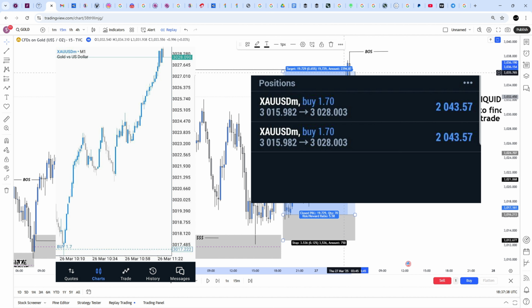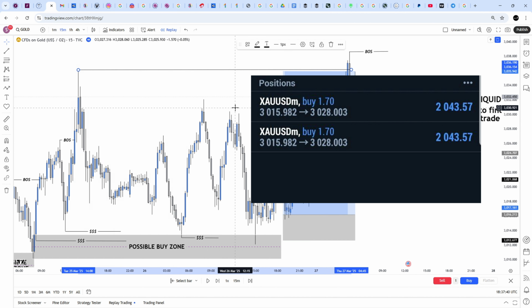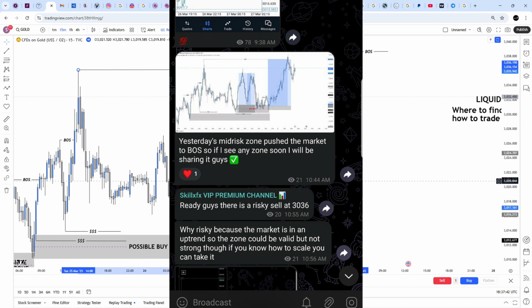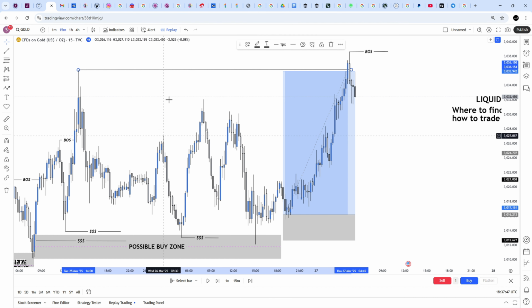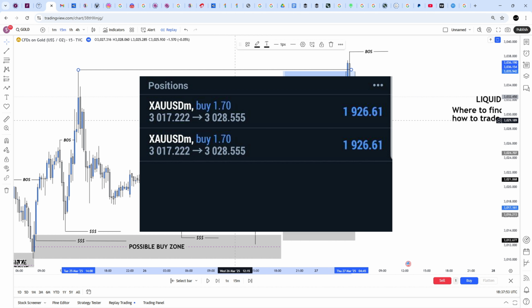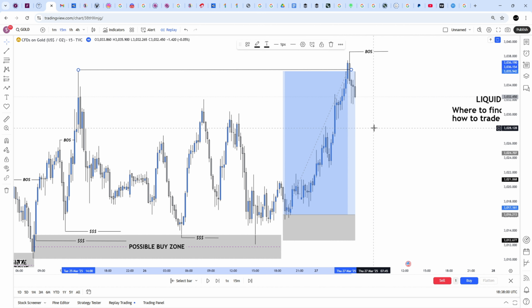That's the example of the trades that we took of this entry. And I took 2 entries because I took this first liquidity buy. Not only that, we first took this sell. After market tapped into this zone, we took this sell, and then we took this buy up to here, and then we waited for this liquidity, all of it to be taken, and then we took this buy. So I think you can see the examples there.